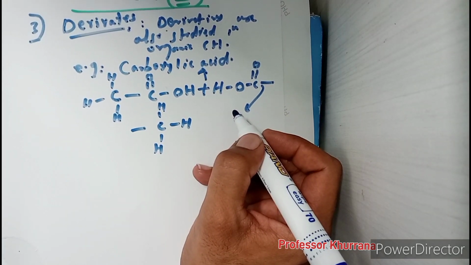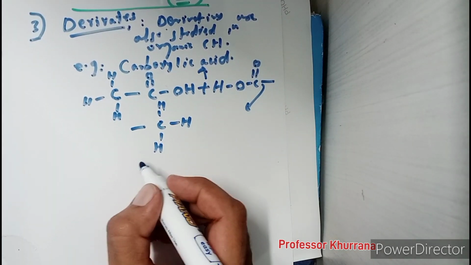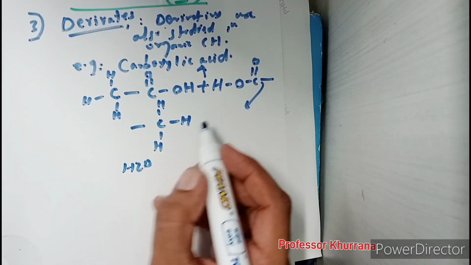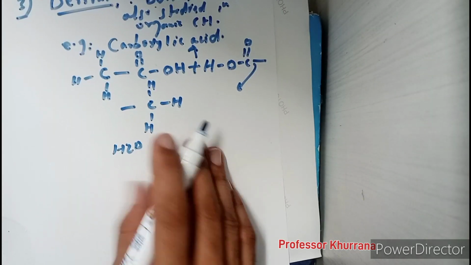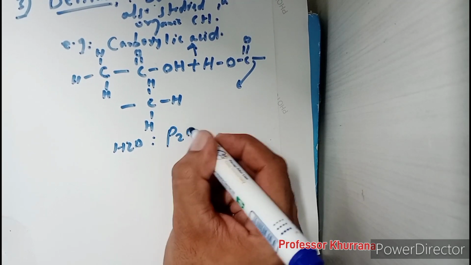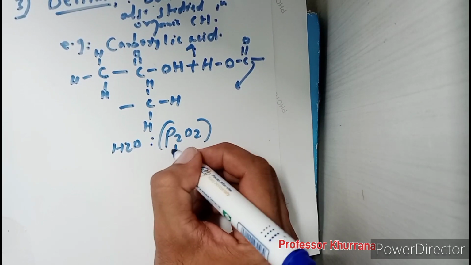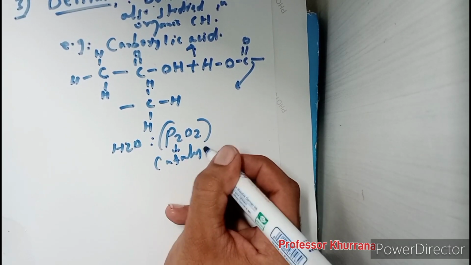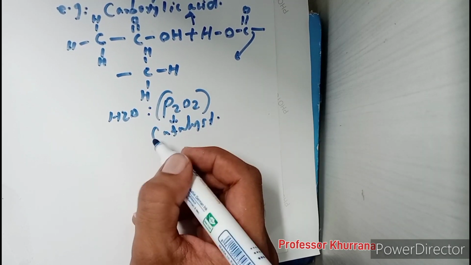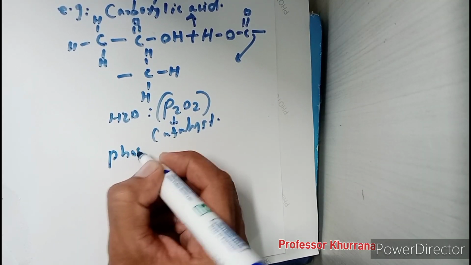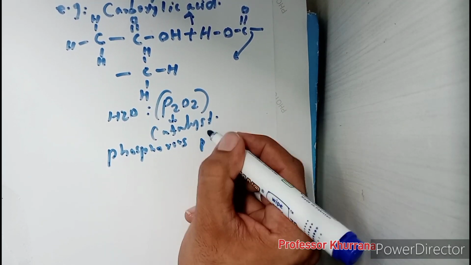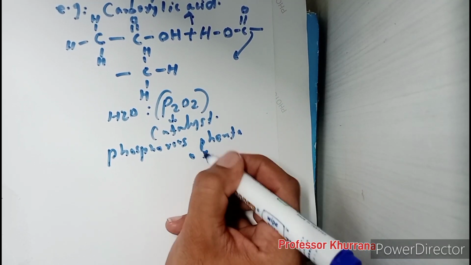Now here we will remove H2O from carboxylic acid, and we will add a catalyst, P2O5, phosphorus pentaoxide, used as a catalyst.